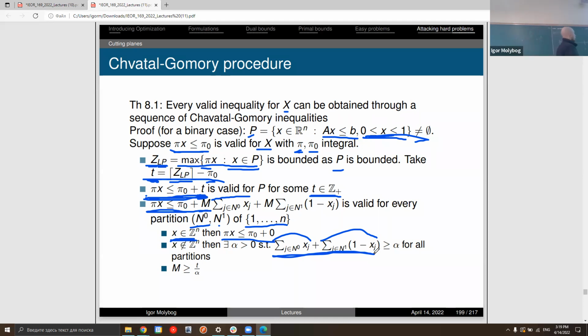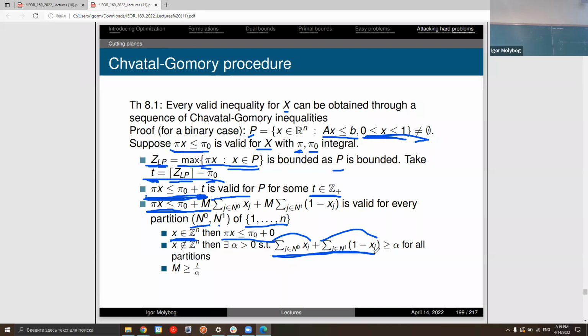But now we would like to start with this inequality over here and show how we can construct a tighter inequality than this one using this CG procedure.